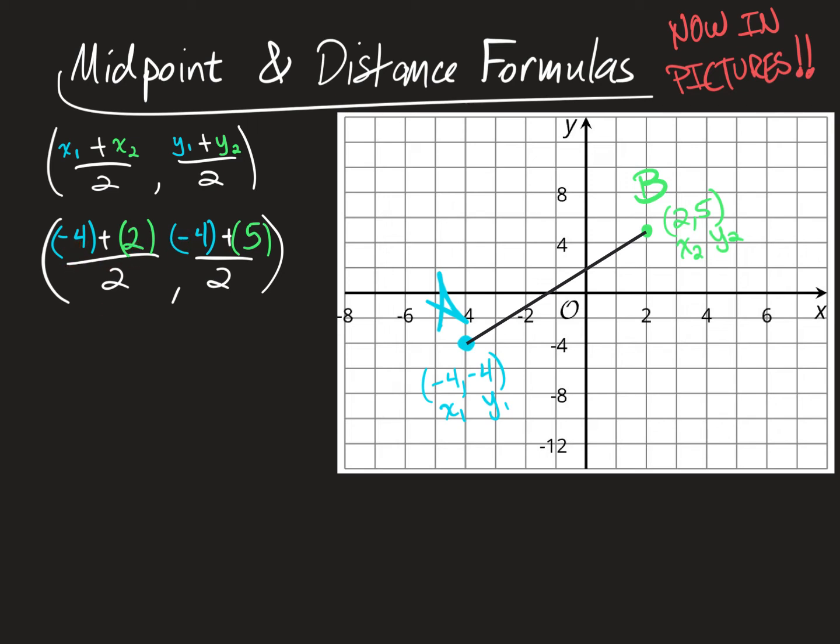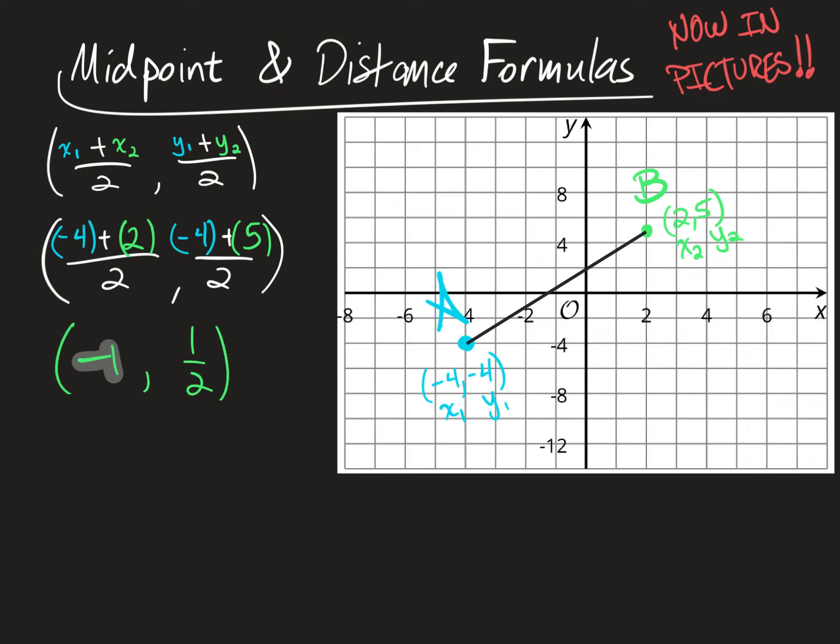All of that divided by 2 is negative 1. There we go. And the negative 4 plus 5 is 1. 1 divided by 2 is just 1/2. So here we're going to have the ordered pair, negative 1 comma 1/2.